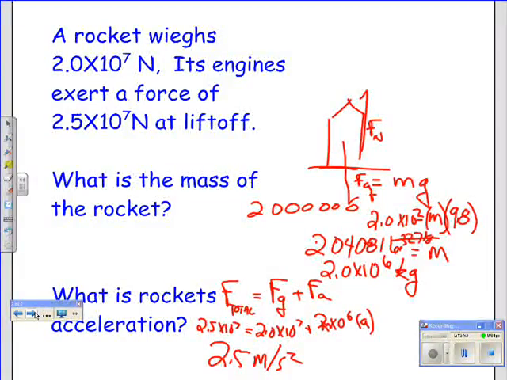Two point five times 10 to the 7th minus 2.0 times 10 to the 7th. Then you divide it by that. It's algebra. You've got to subtract and then you've got to divide. Because this is multiplication, you undo a multiplication by division. It's mass times acceleration.